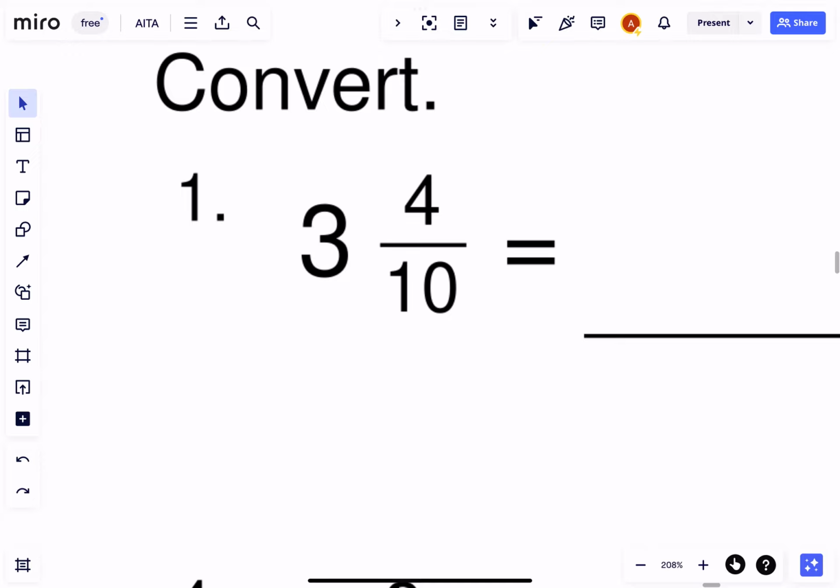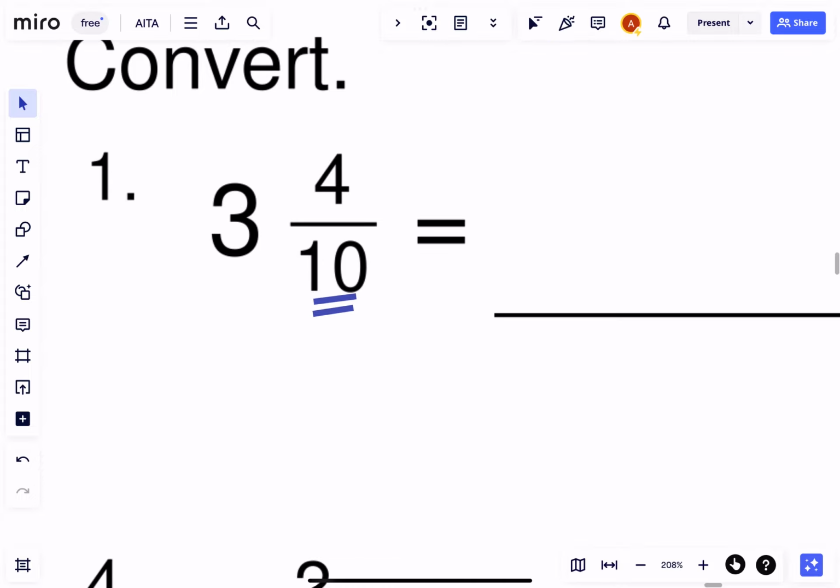Now, we know that we need to get to 10. So the question is, how can we write 3? And 3 can be written as what upon 10? So 3 can be written as 30 upon 10.